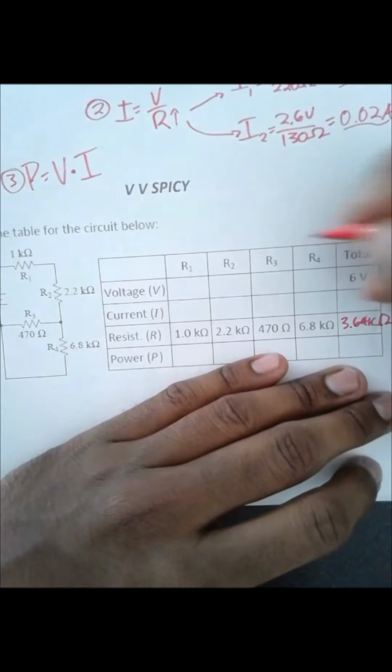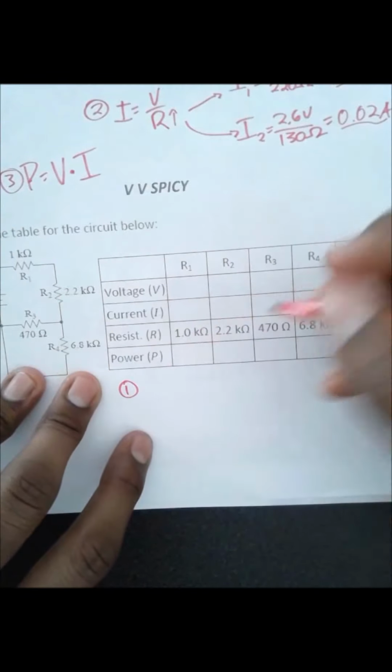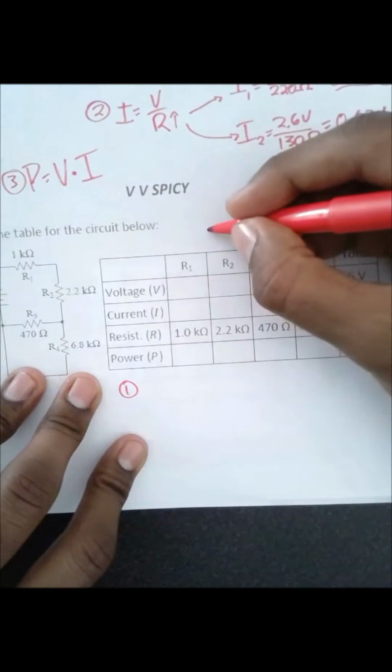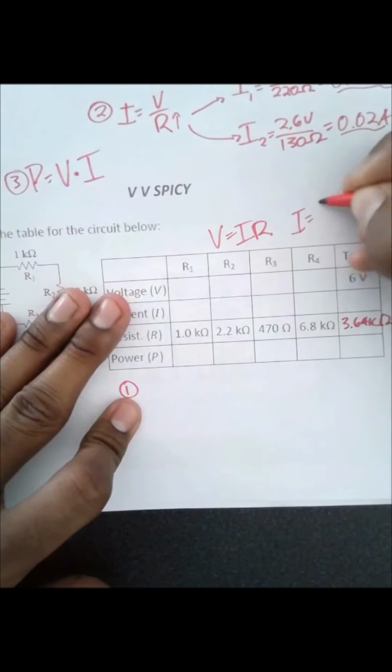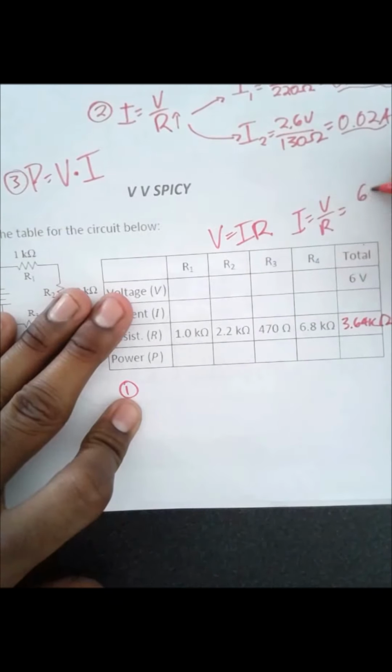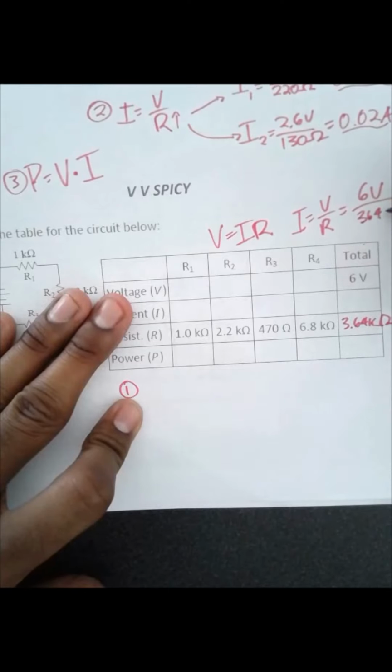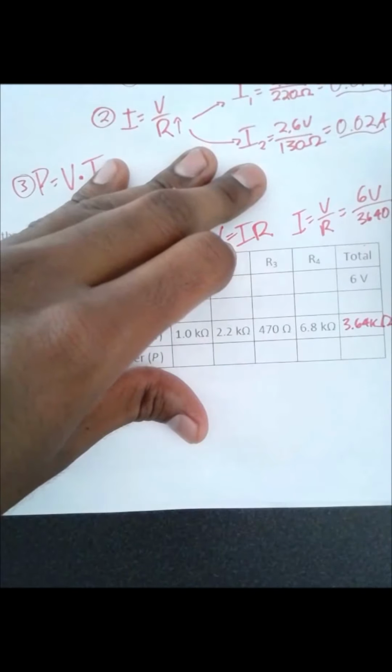Now the current is going to be back to V equals IR. So the total current is going to be, no, I'll do it up here. V is equal to IR. I is equal to V over R. The total voltage is 6 volts. The total resistance is 3,640 ohms.